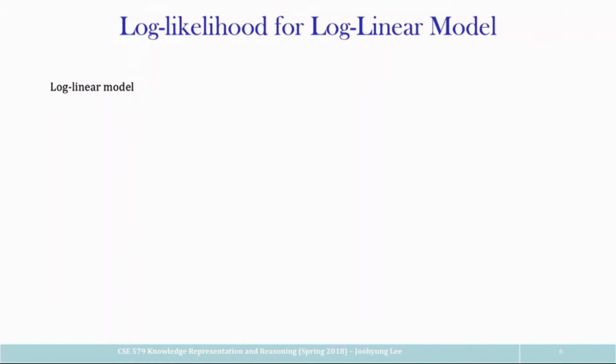We had something like P of x, let's call it w. So w is actually the parameter theta in the previous slide. And the log linear model has this form where we have 1/Z, Z is a partition function, and we have the exponential of the sum over i of w_i f_i, maybe some d_i. So I'm talking about the general Markov net, where you define the potential function in terms of the weight and feature. Okay, it should be familiar to you.